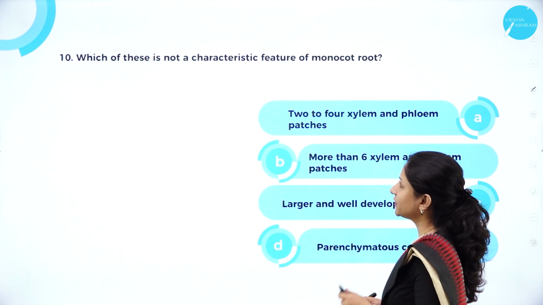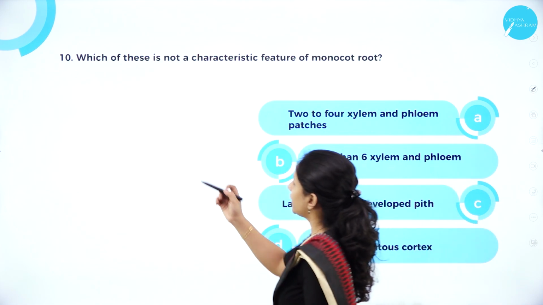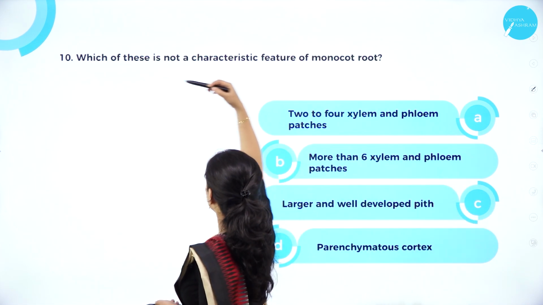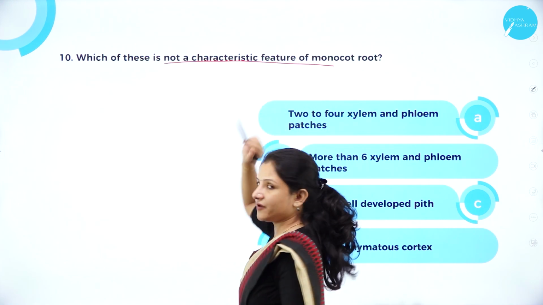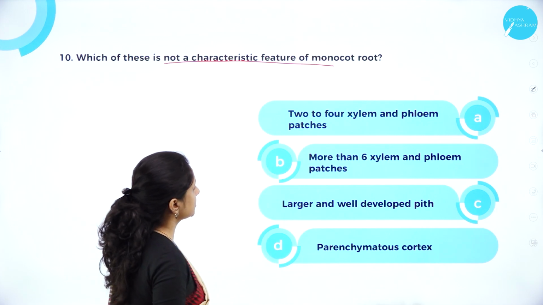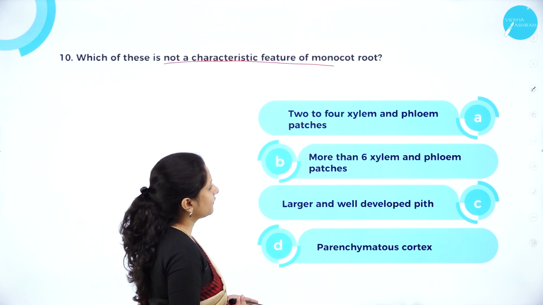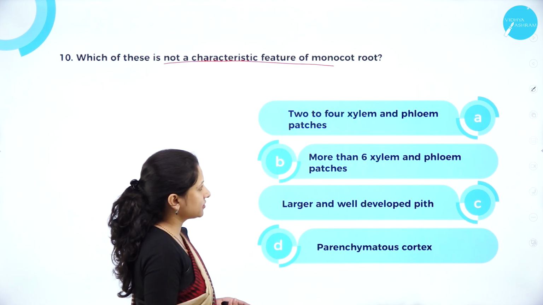Next question, which of these is not a characteristic feature of monocot root? We have to find out, of the given options here, which is not a characteristic feature of monocot root. 2 to 4 xylem and phloem patches, more than 6 xylem and phloem patches, larger and well-developed pith, parenchymatous cortex.